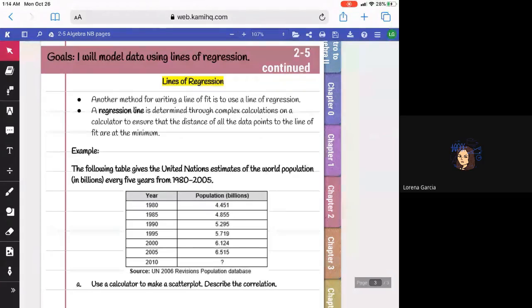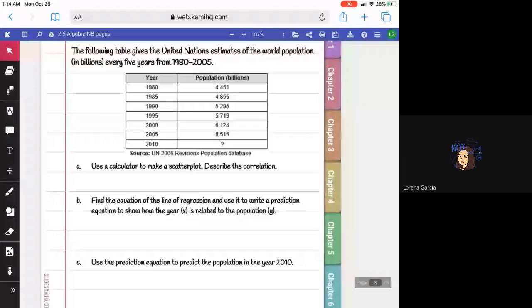So this table that I have here, we're going to be plugging it in to an online calculator at Desmos.com. So I'm going to go to Desmos.com/calculator. And from there, we're going to be inputting this table of data.